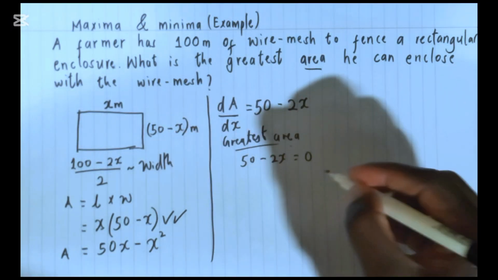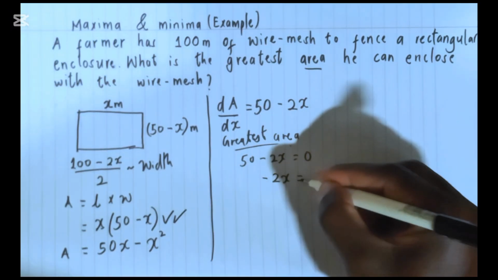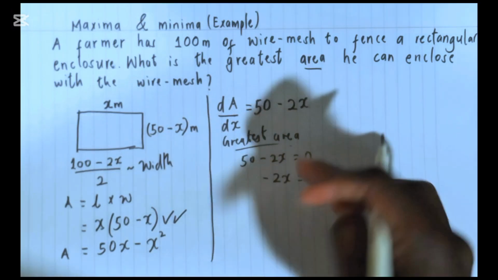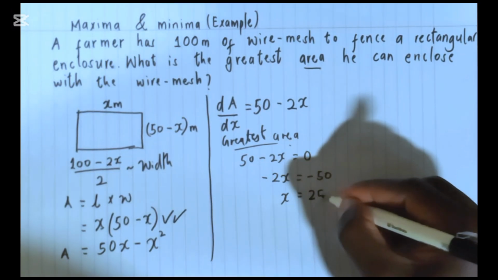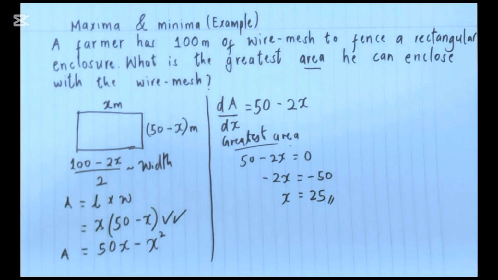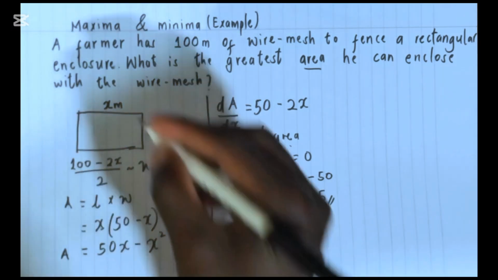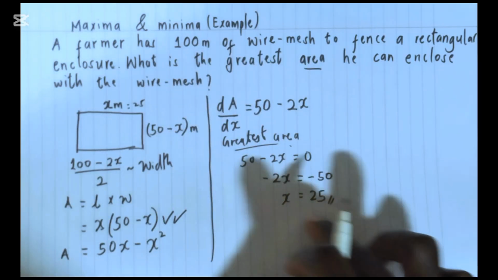Basically this is going to give us negative 2x being equal to negative 50, and so the value of x is 25. That is for the length. So our length here will be 25, and our width will be 50 minus 25.